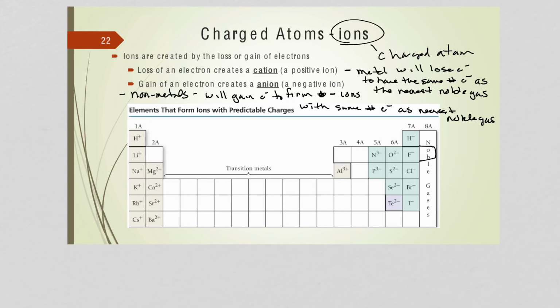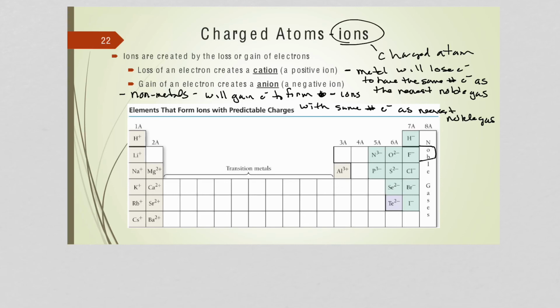So, for example, fluorine, which has 9 electrons, atomic number 9, will gain 1 electron to become like neon and have 10. So it'll take on that negative 1 charge, whereas oxygen, which has only 8 electrons, will gain 2 or take on a -2 charge to become like neon.